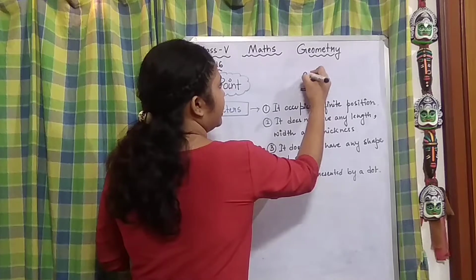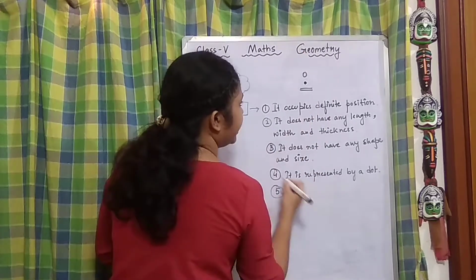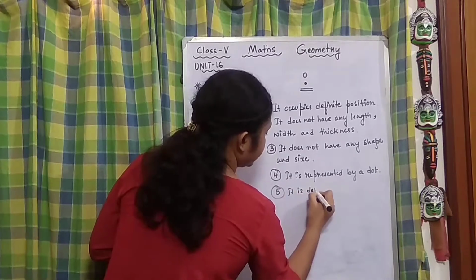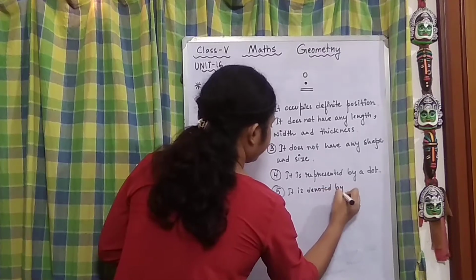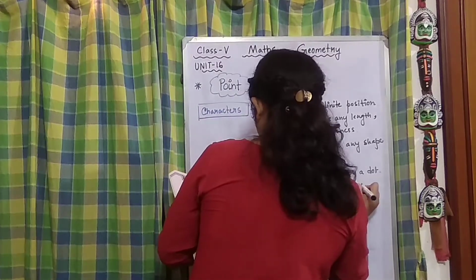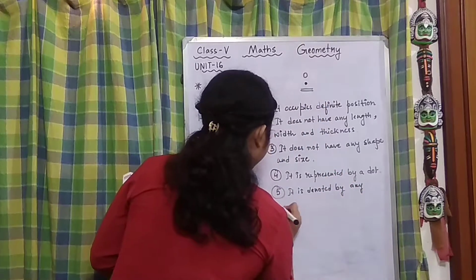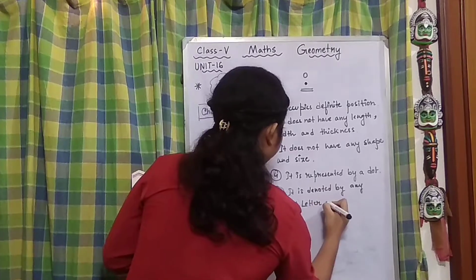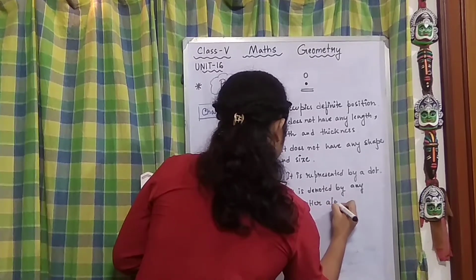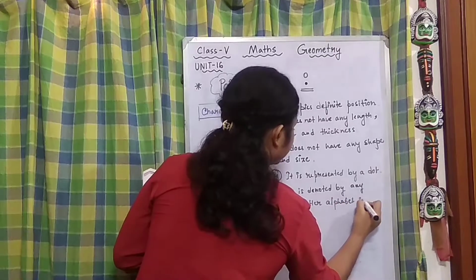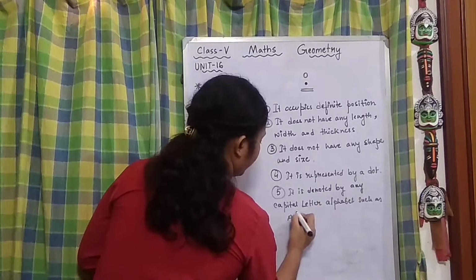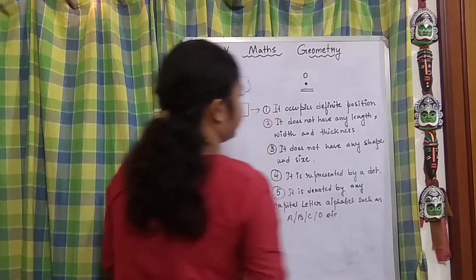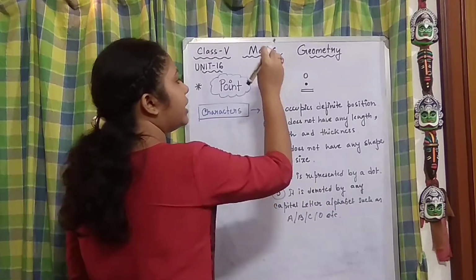So we generally denote it by any capital letter alphabet such as A or B or C or O, anything. Okay. Now these are the characters of a point.